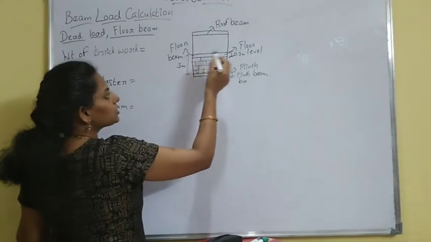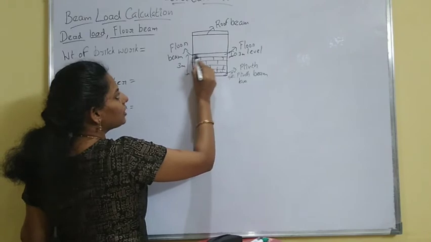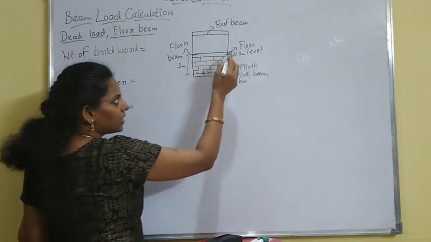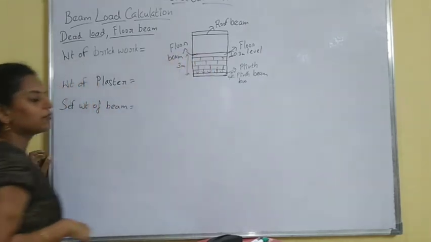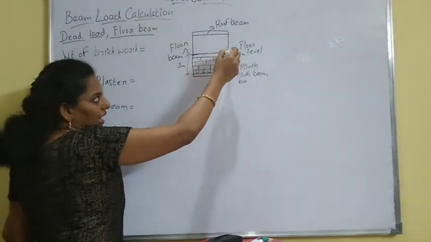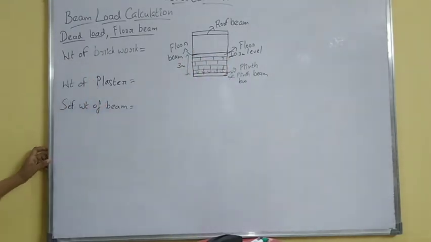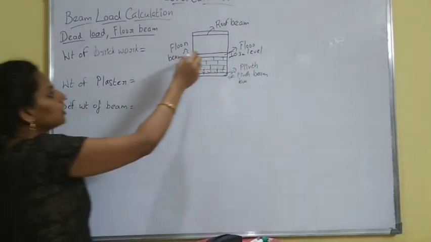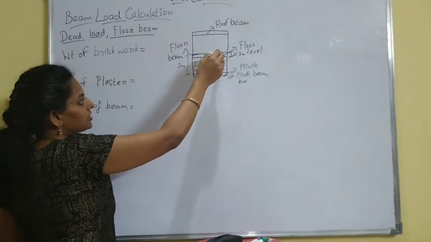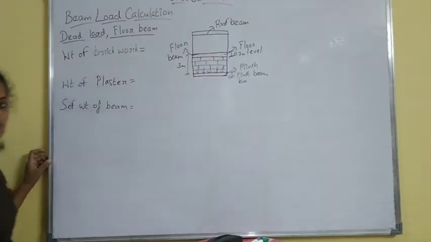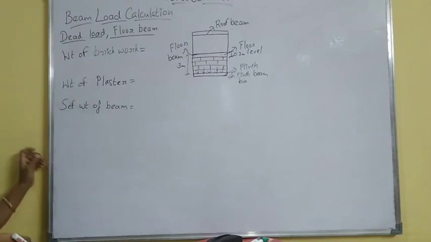While coming to the floor level, it will be a flanged slab beam or a different beam and slab, so you have to design accordingly. In the dead load calculation, you have to consider the slab load. We'll see that step by step.